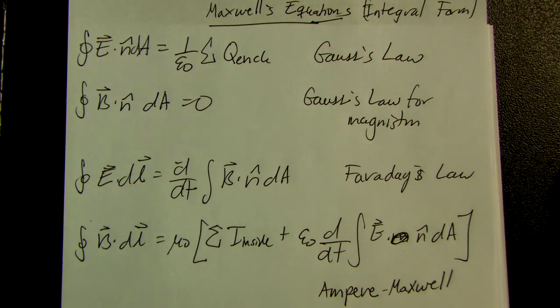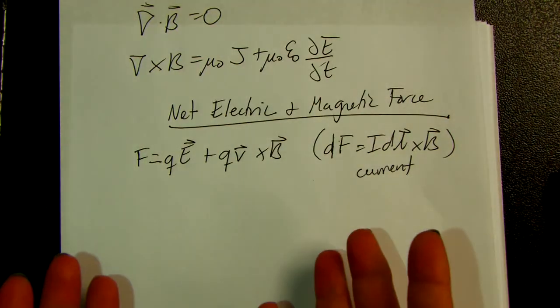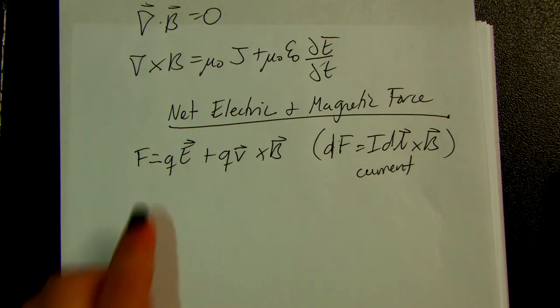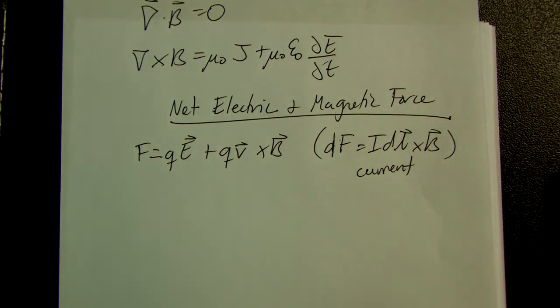And of course, along with that, we also talked about the net electric and magnetic force as one complete equation. So we can see we've got qE here, qv cross B, which goes along with Maxwell's equations. These can be studied in more detail in a standard electromagnetism class. You will see them again, though not in such rigor.